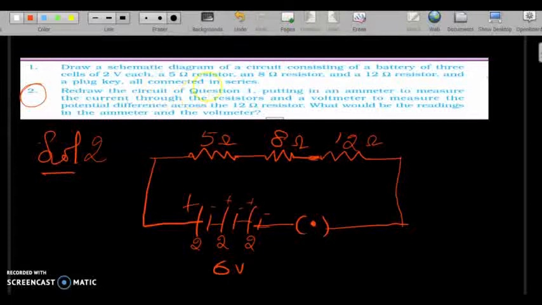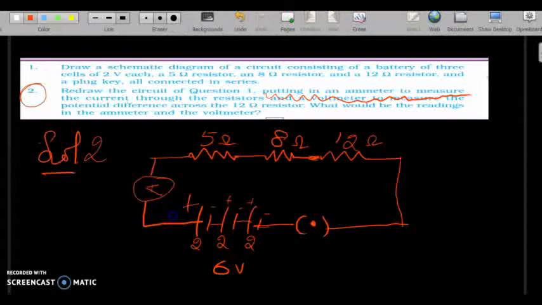It is the same thing, but here we have to put an ammeter to measure the current through the resistors. You know well how the ammeter should be connected.